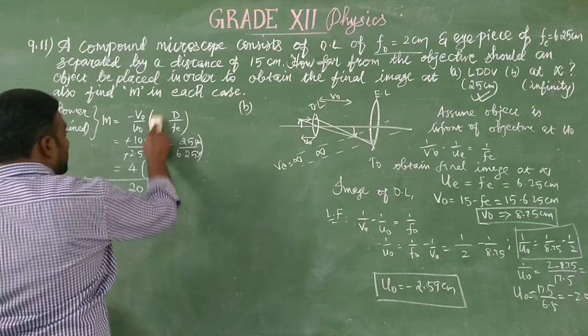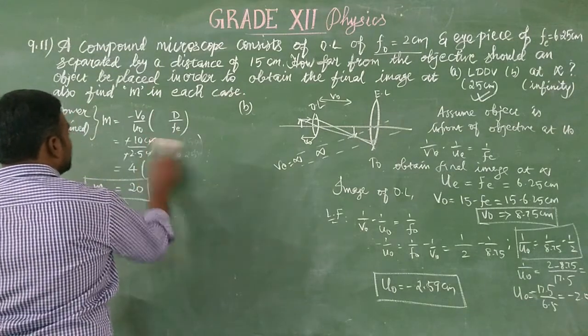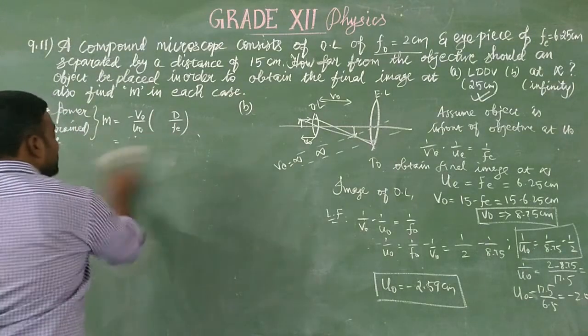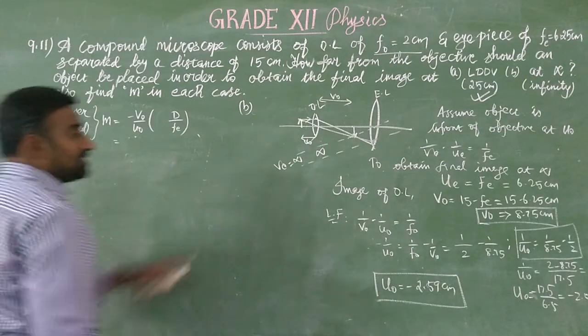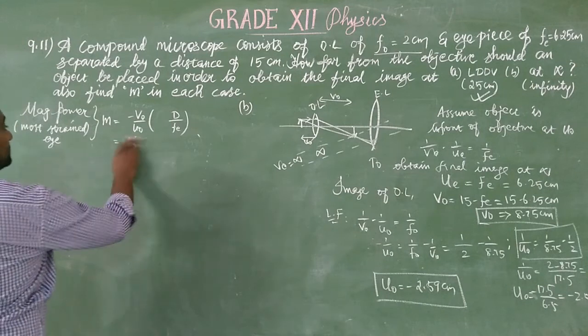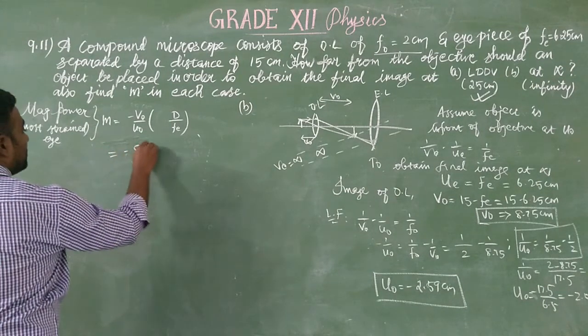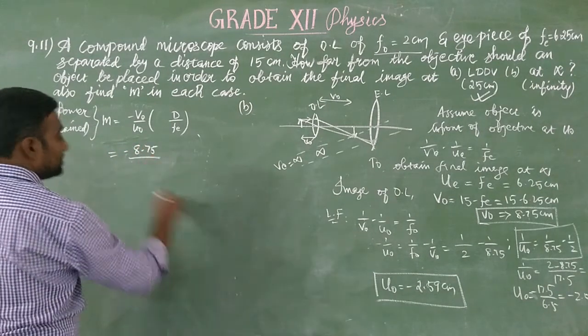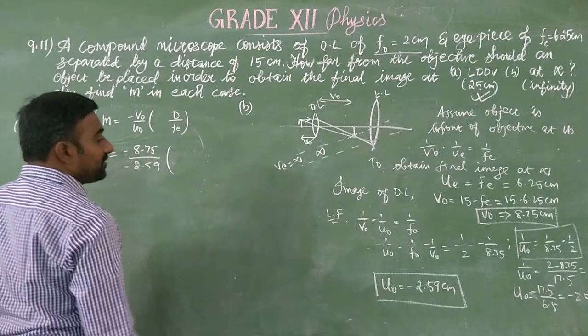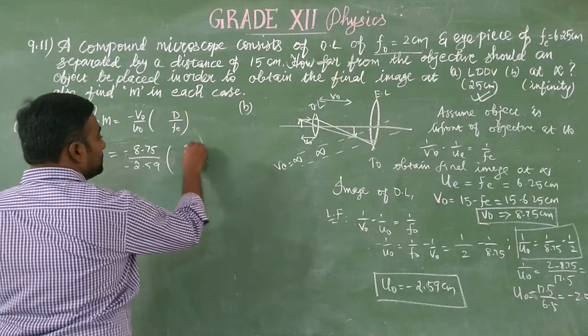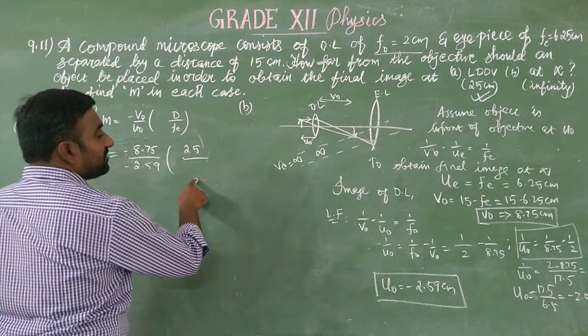It is d by fe, so substitute the value. What is v naught? V naught we already know. V naught is minus 8.75, so the negative sign is already there. Minus 8.75 divided by u naught, which is minus 2.59, into d by fe. What is d? Least distance of distinct vision, 25, divided by the fe value.